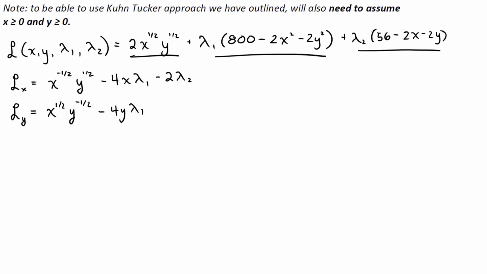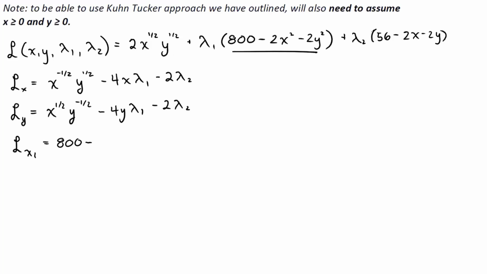For my second constraint here, I have negative 2 times lambda 2. Then I have my derivative with respect to lambda 1. That's going to give me my constraint here, 800 minus 2x squared minus 2y squared. And then I have my derivative with respect to lambda 2, which is going to be 56 minus 2x minus 2y.